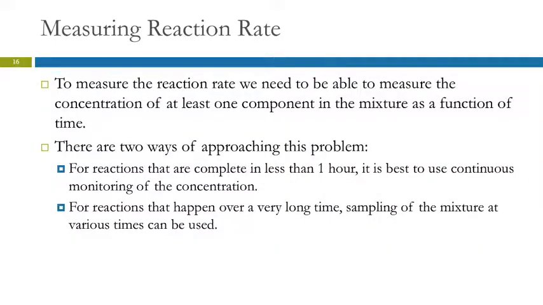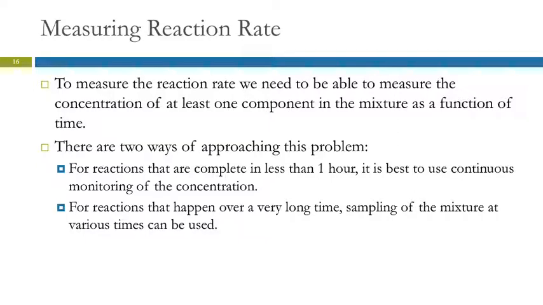So how do you measure a reaction rate? In order to do this, we have to be able to measure the concentration of at least one of the components, one of the reactants or one of the products in that mixture as a function of time. And that's easier said than done in many cases. There's two ways to approach this.